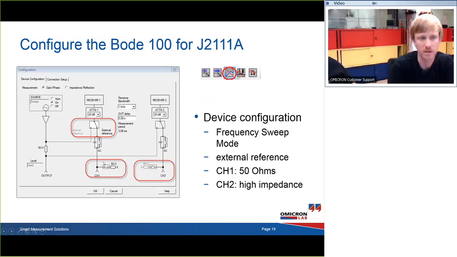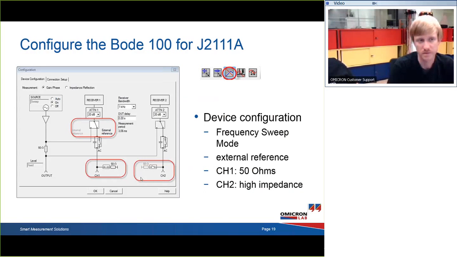Then the 50 ohm will be connected to the channel, and it will be terminated. For channel 2, please do not terminate with 50 ohms. Since we are connecting channel 2 to a DC voltage, the 50 ohm resistor is not designed for being connected to DC volts. So yeah, it can withstand a little bit more voltage than the output of the Bode 100.